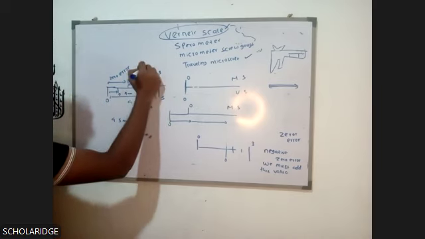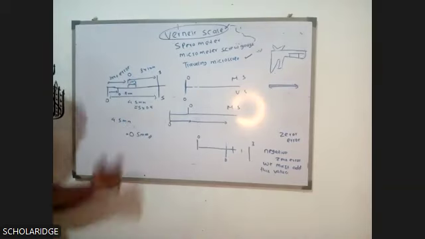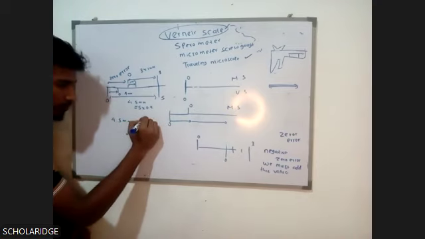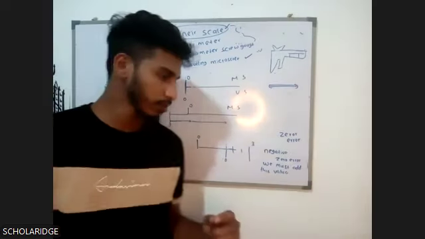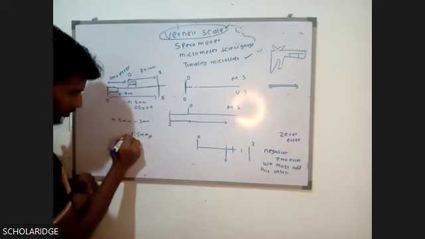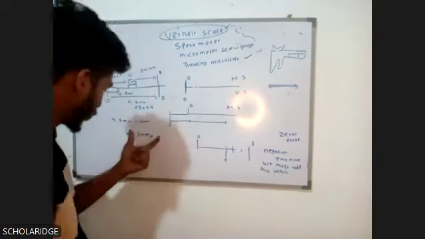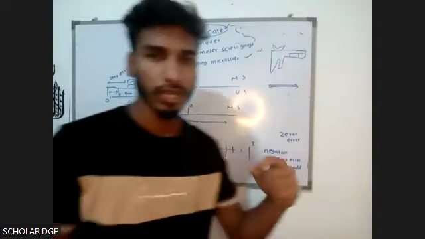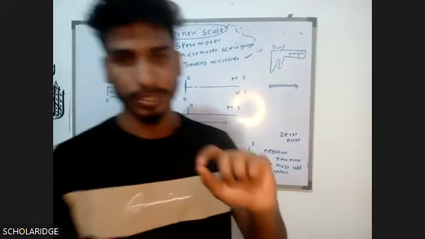And this is going to be 3 into 1 millimeters. So the difference is going to be 1.5 millimeters. And this will be my zero error. And we must add this to the reading you are going to obtain to find the actual answer.